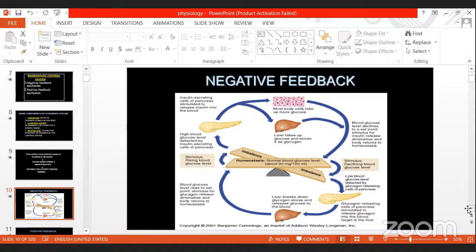If the blood glucose level goes above a particular level, normally around 90 to 110, if it goes above 110 or 120, the insulin secretion will be more. And if it is coming down, other hormones like glucagon and growth hormone will act, and it will make the system return to normal.